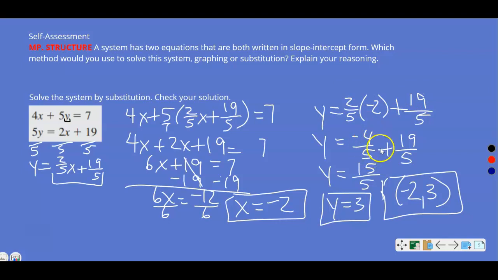And then you combine your numerators and keep your denominator when you're adding fractions. -4 plus 19 is positive 15/5. 15 divided by 5 is 3. So -2, 3. I did plug these in and check them. Hopefully you did as well. -2, 3 is a solution to the first equation and a solution to the second equation, which makes it a solution to the system of equations.